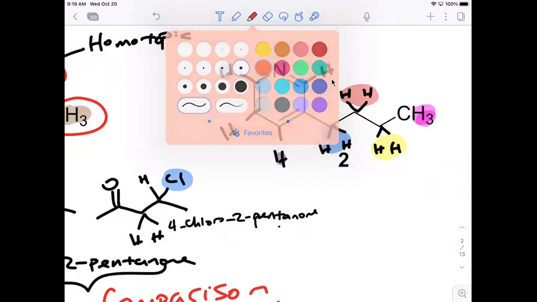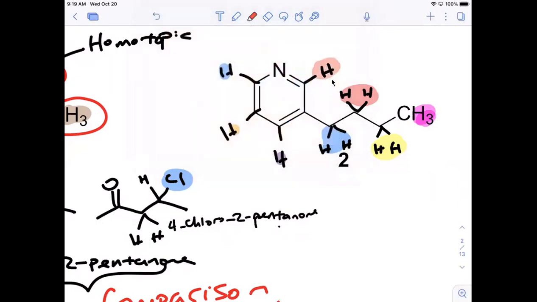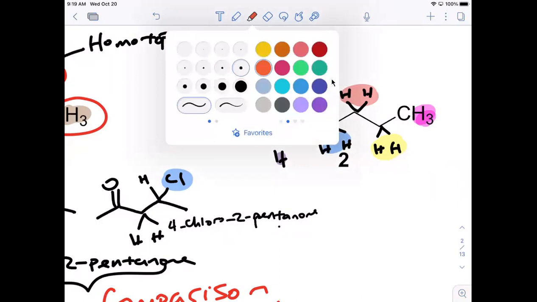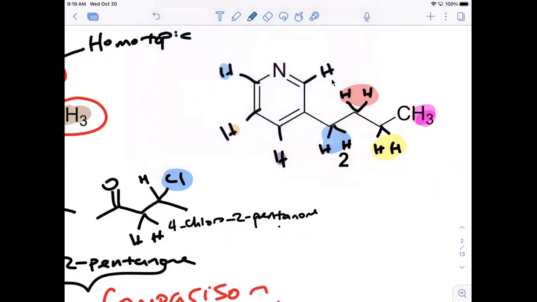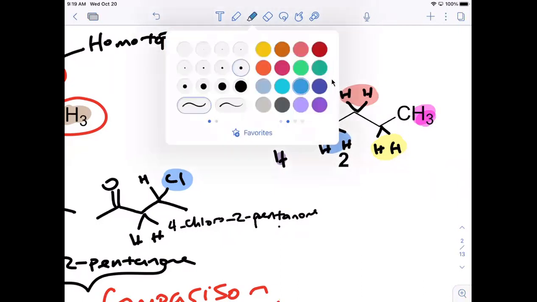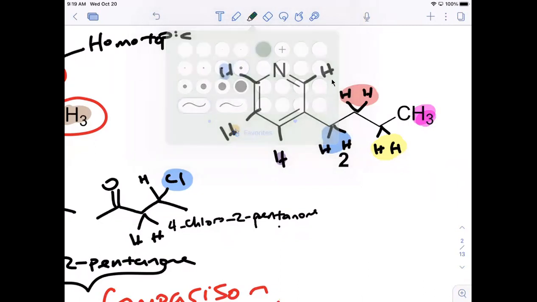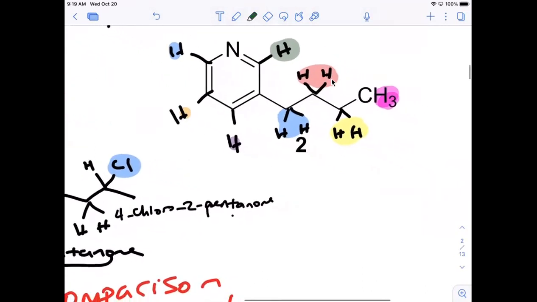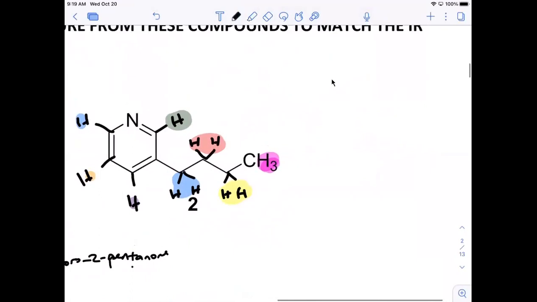Come on, Russell, get your mind right. And that's almost the same color too. I gotta do better with these colors. All right, that'll work. All right, so in the ring, you're gonna get at least 4 signals. And then you got 1, 2, 3, 4 signals in the chain. So the proton NMR for this compound is gonna give you at least 8 signals.